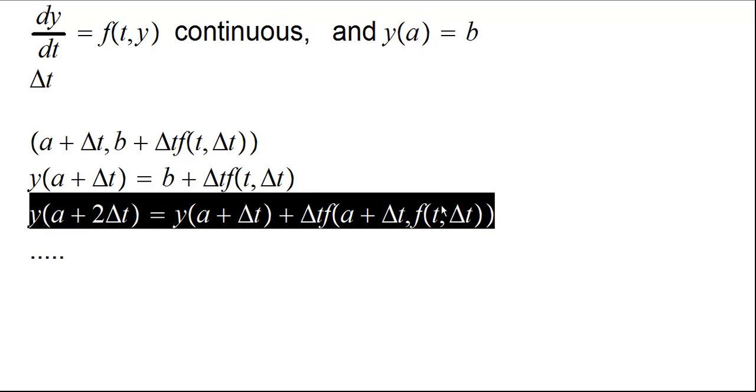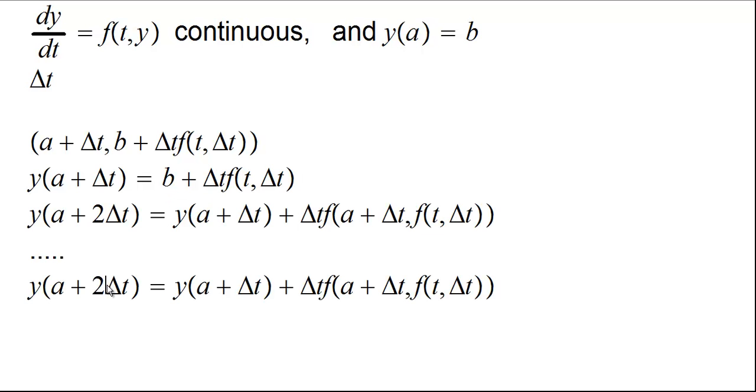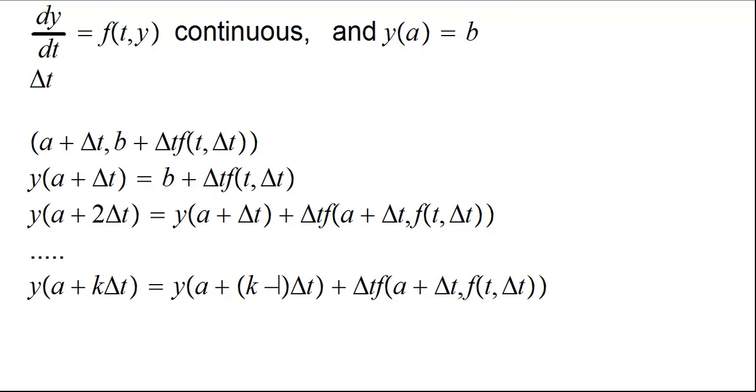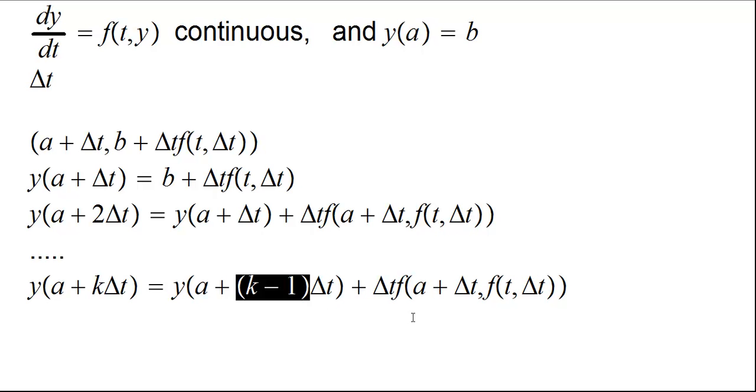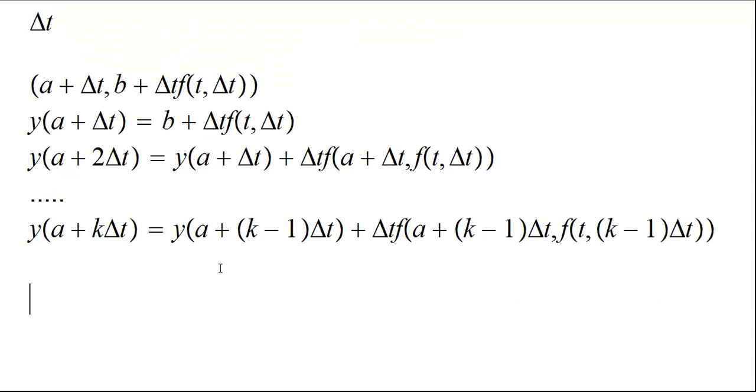Say we are going to the kth step. Then we will look at this here as the one step before, and everywhere this one step before will show up, right here, that's what our formula will be, the Euler's formula that we are using.